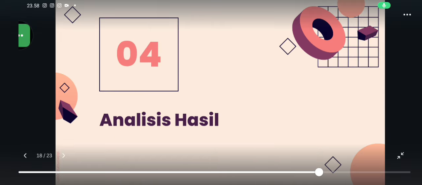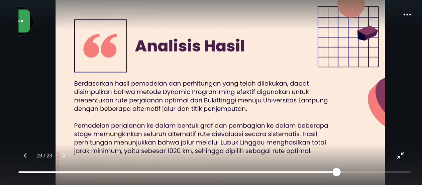The result of analysis: based on the results of the modeling and calculation that have been carried out, it can be concluded that the dynamic programming method is effective for determining the optimal travel route from Bukittinggi to the University of Lampung with several alternative paths and pickup points.